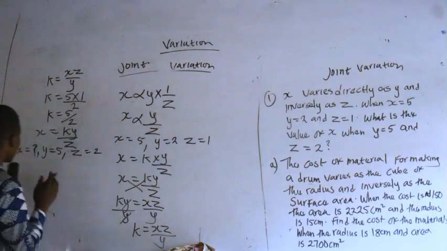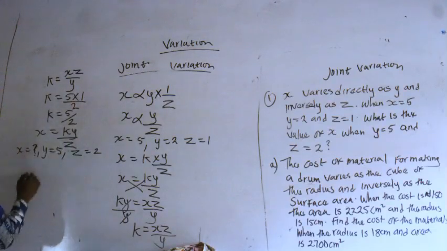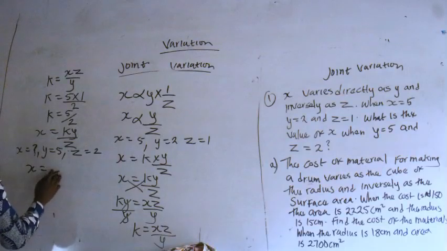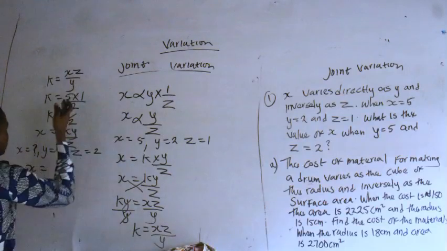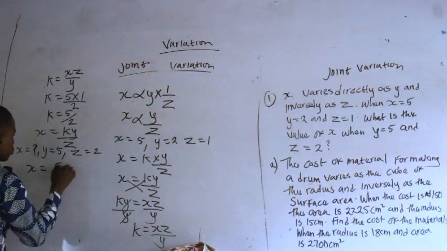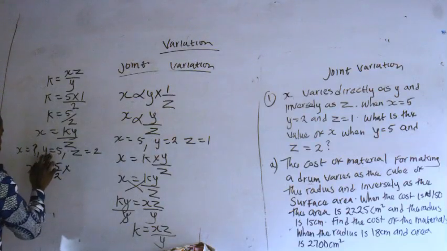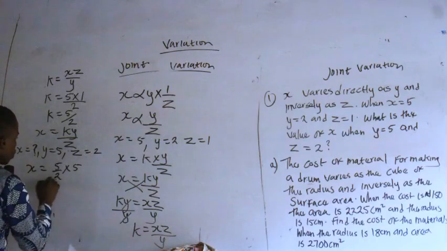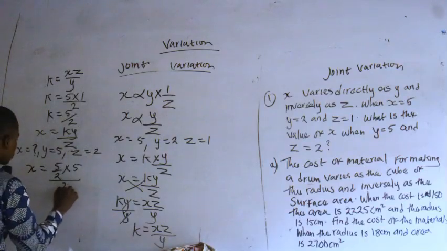Are you getting me now? Just apply it here. What is our K? Our K is 5 all over 2, times Y. What is Y? Our Y is 5, all over Z. Z is 2.